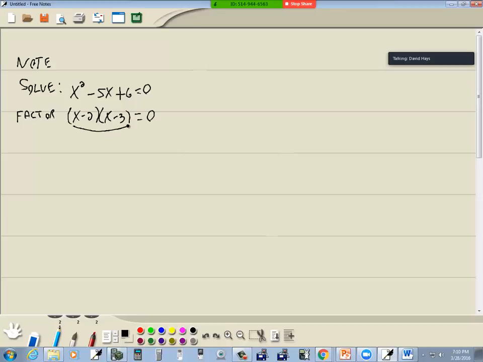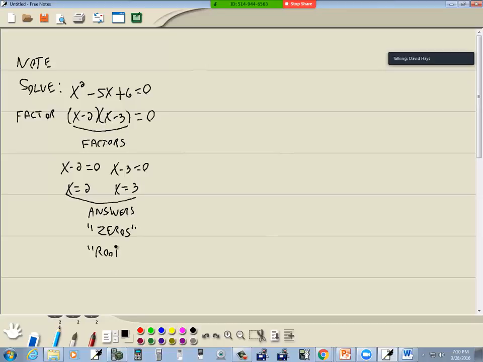And once I did that, these are called factors. Then you set each factor equal to 0 and you solve them. And these are our answers. But they also got another name. They're called zeros, and they're even called roots.